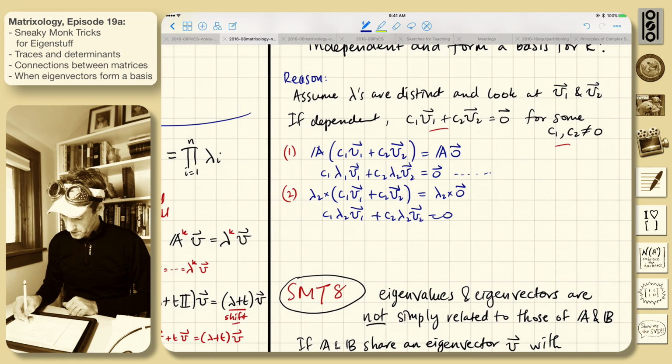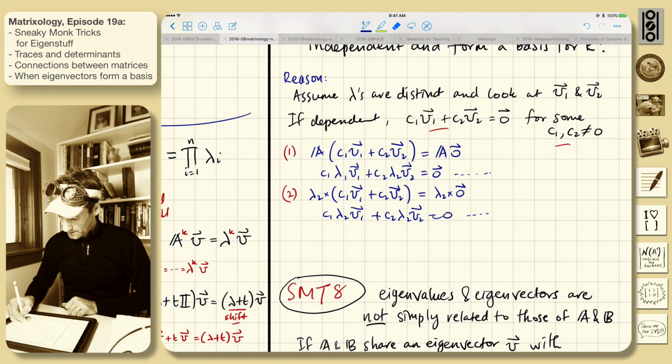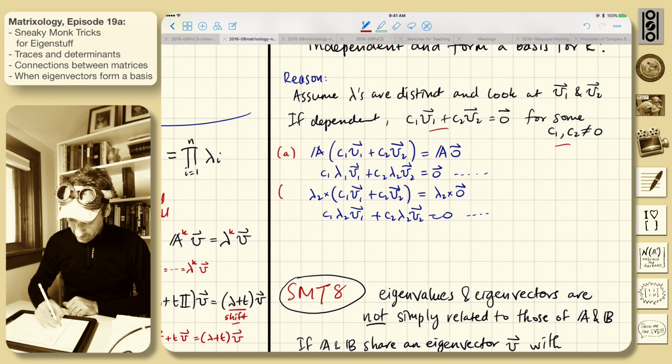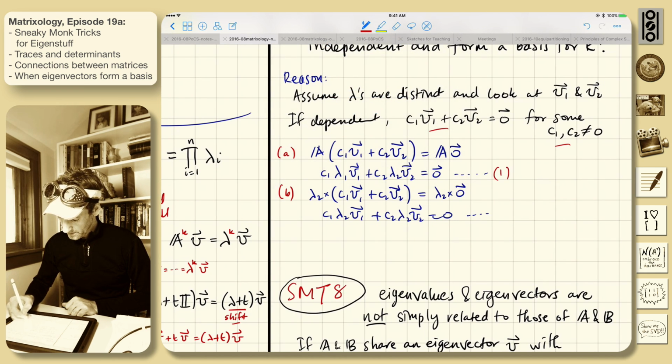Let's call these equations A and B, and then we'll call the others equation 1 and 2.